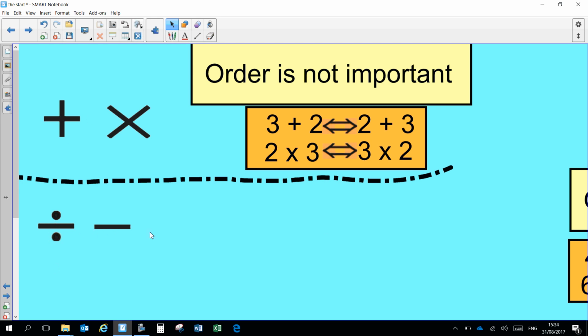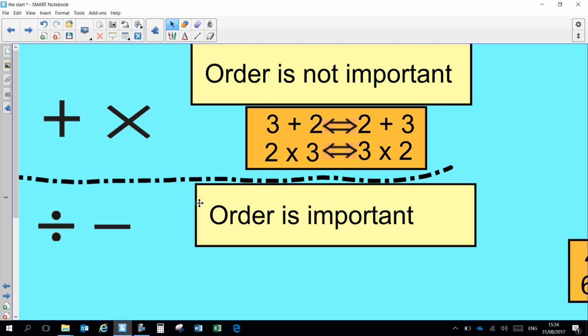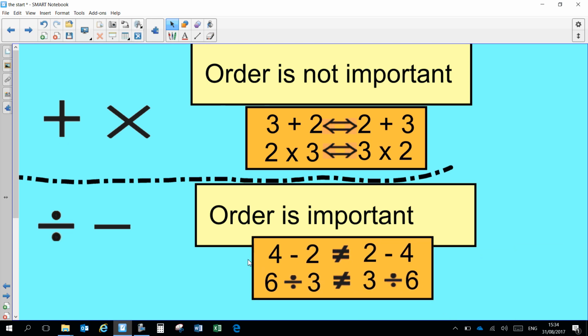Now, on division and subtraction, very important. I see a lot of errors in GCSE maths with this. Order is important. What do I mean by that? Simply that 4 minus 2 is not equal to, this means not equal to, 2 minus 4. If you were on 4 and you take away 2, you get 2.